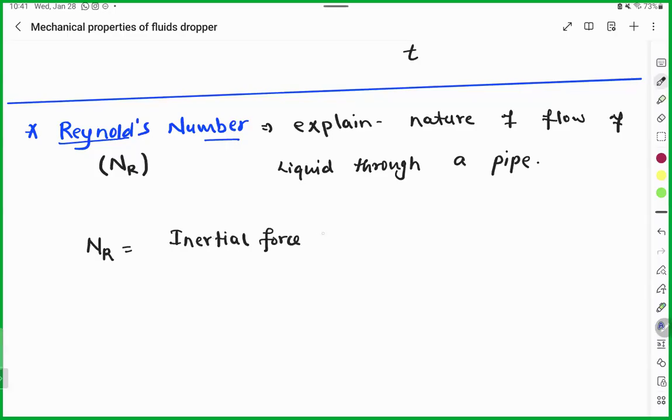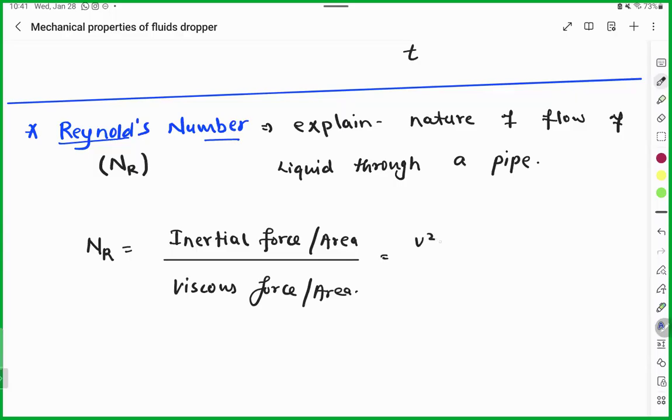This will be equal to V squared rho divided by eta V by d, where d means distance. Finally it is equal to V rho d by eta. Done.